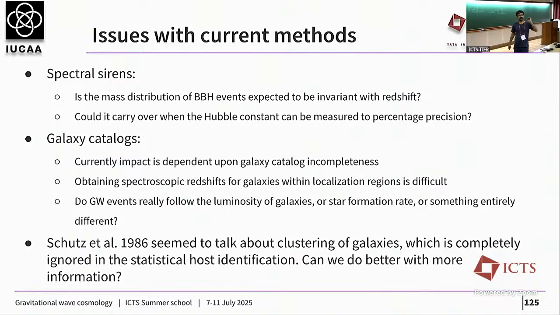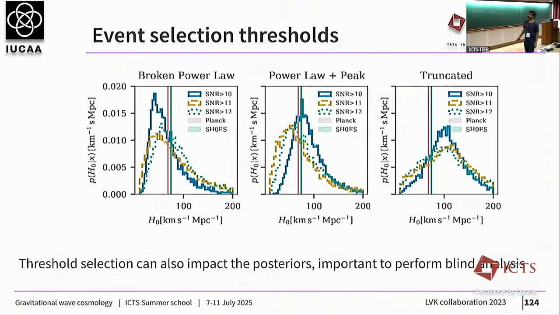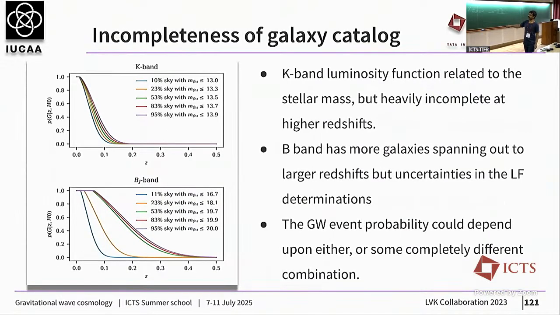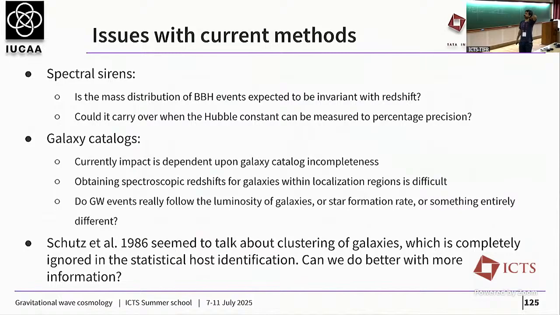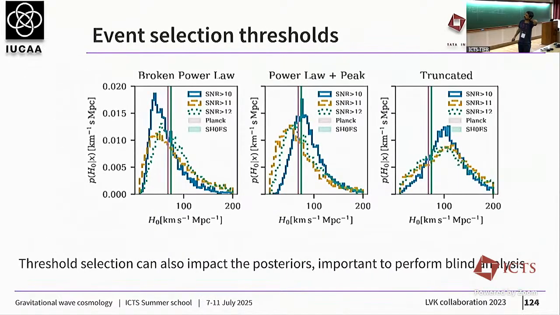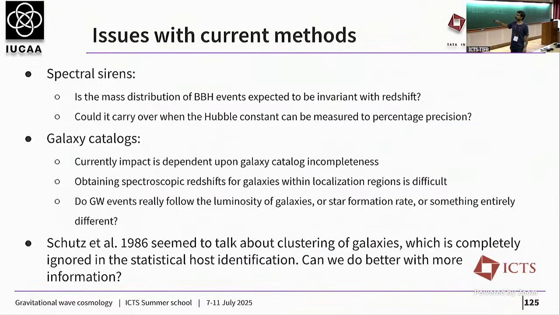As you saw very quickly, at less than redshift 0.3, 0.4, you start to see a very quick drop in the completeness of these catalogs. So if you see a drop, then it means that your galaxy catalog incompleteness is going to affect you. And as I told you, if you use a completely empty catalog, then you are back to the spectral siren method, where you again have this problem.